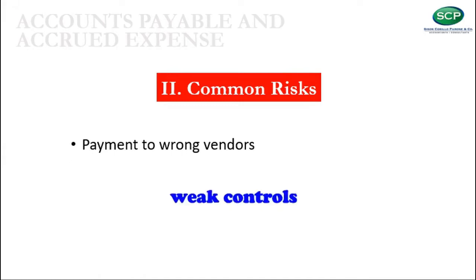When the controls of the company are weak for accounts payable, payments made to the wrong vendor may not even be detected at all within the company, especially when the concerned employees are remiss of their duties. The wrong payment may be uncovered only when the correct vendor demands payment.